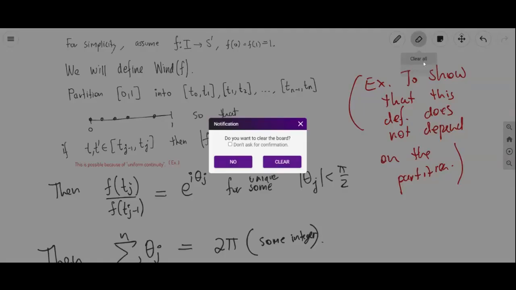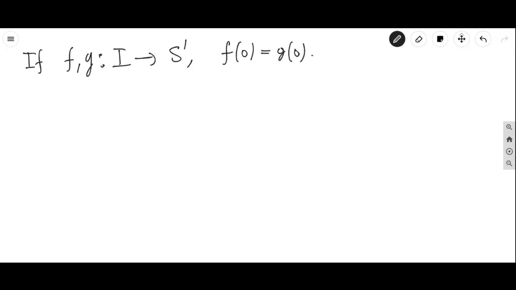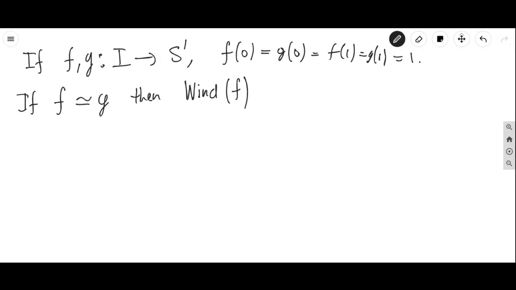Now, the next thing that I would like to show you is that the winding number does not change under homotopy. So let's discuss this: if f and g are closed loops in S1, with f of 0 equal to g of 0 equal to f of 1 equal to g of 1 equal to 1, so these are closed loops, and if f is homotopic with g, then the winding number of f is equal to the winding number of g.